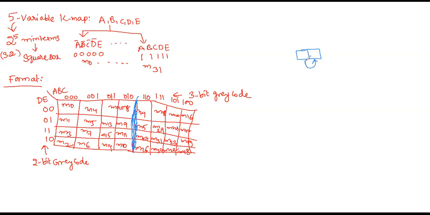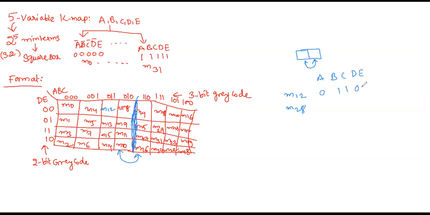We know these two are adjacent, so this column and this column are adjacent to each other. Next, go with M12. This is M12, and this is M28.